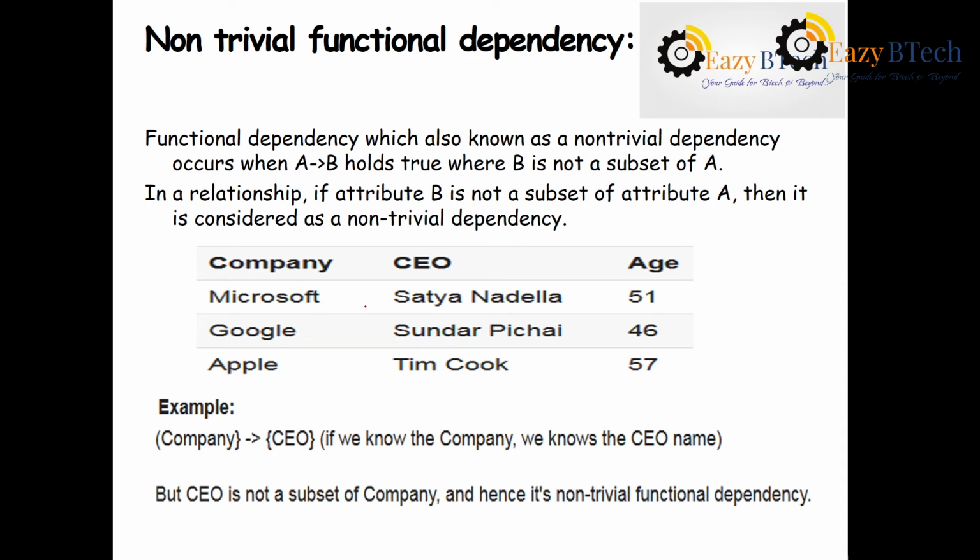If you know the company name, we can easily find out the CEO. But the CEO is not a subset of the company. That's why it is a non-trivial functional dependency.